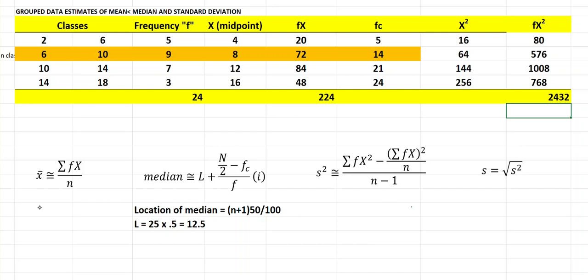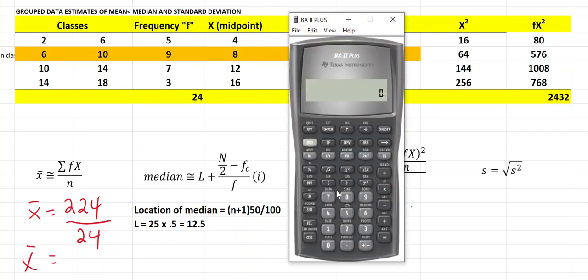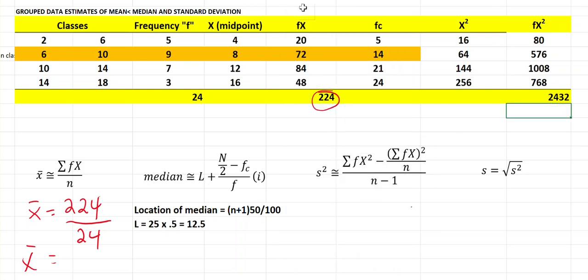In this case, x bar will be equal to the sum of fx, and in that case it's 224, divided by 24. So take a calculator. We can do this on Excel, but I'm just going to show you on my calculator. 224 divided by 24. And that's 9.3 repeating, and that is the approximate mean.